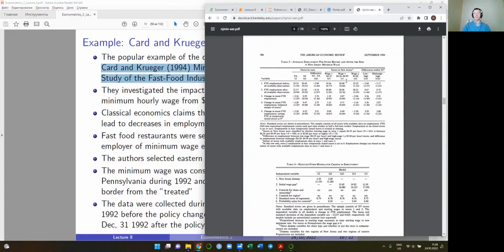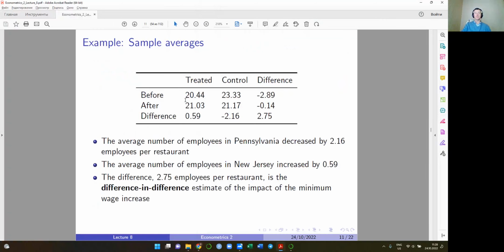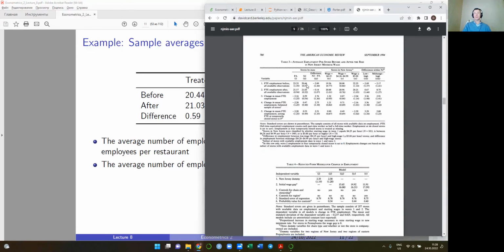So here, that's basically what we have calculated with you. Look, average employment before, average employment after. So these numbers are replicated by us. This is the difference.